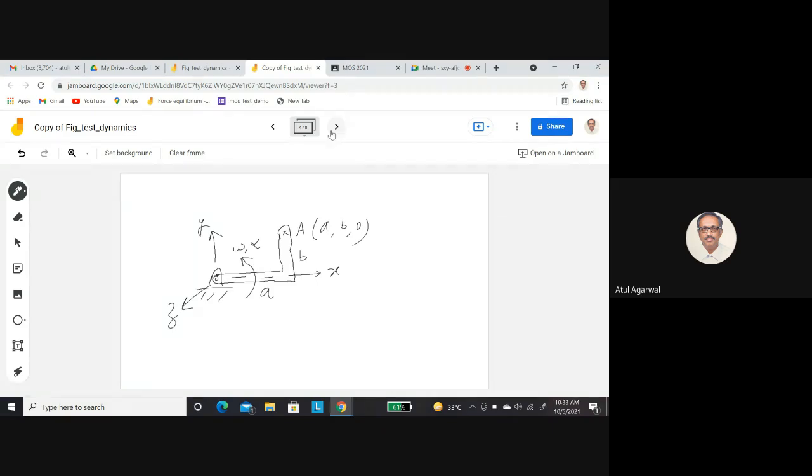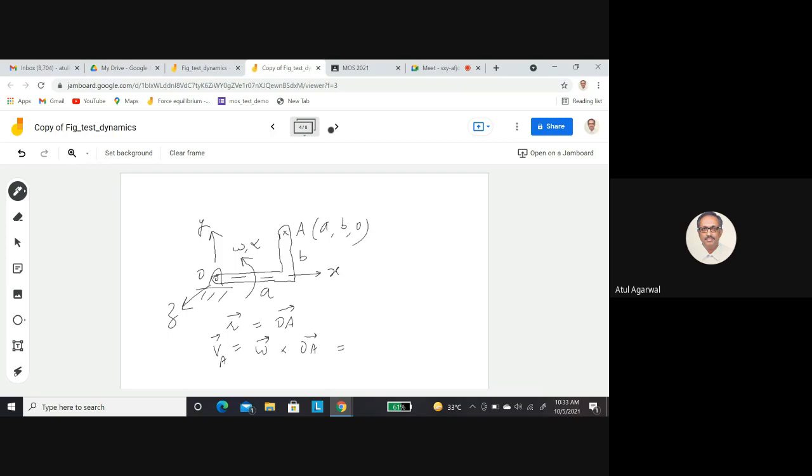Now this is a bar which is spinning. You have to find the linear velocity of point A. Simply, your r vector is the vector OA. This is a point of zero velocity. So what is the absolute velocity of point A? Velocity of point A will be omega cross vector OA.